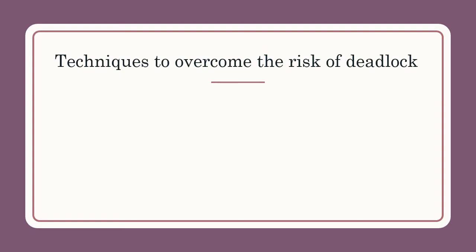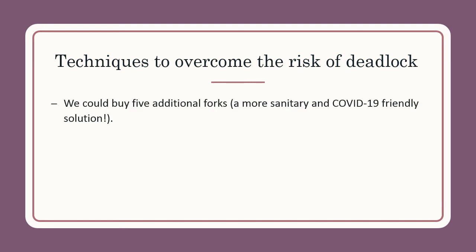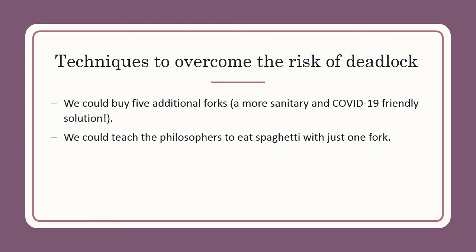Techniques to overcome the risk of deadlock. We could buy 5 additional forks, a more sanitary and COVID-19 friendly solution. Don't you think? We could teach the philosophers to eat spaghetti with just one fork. Yes, that could be done.